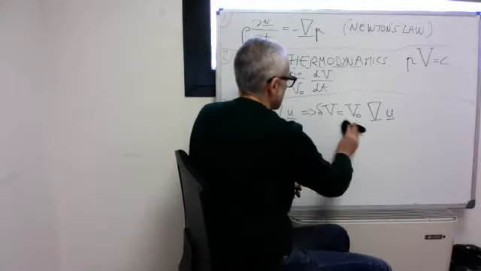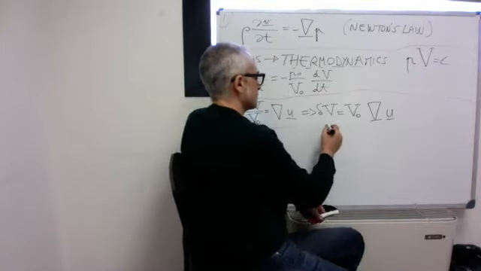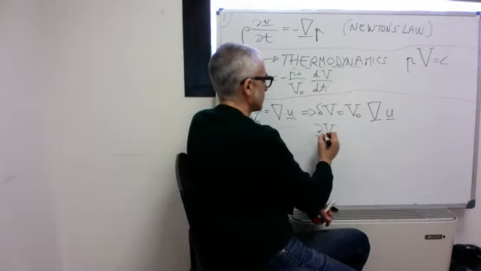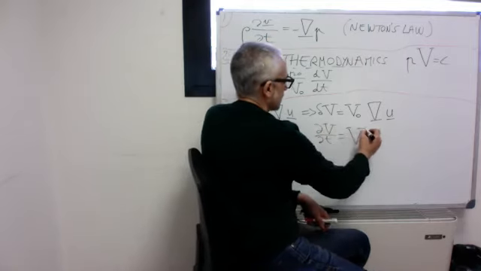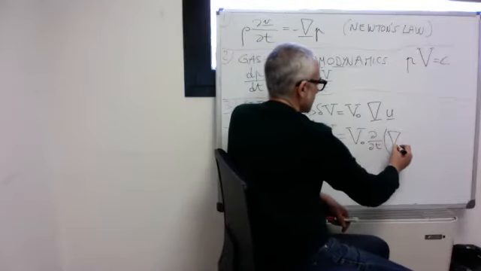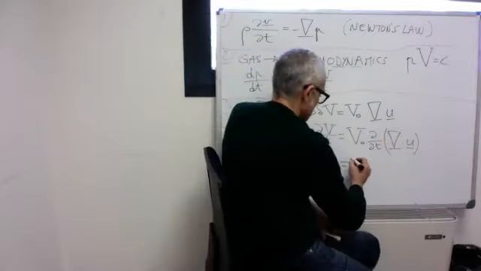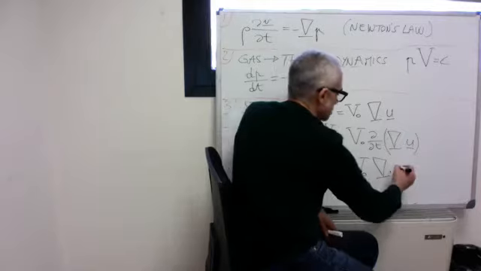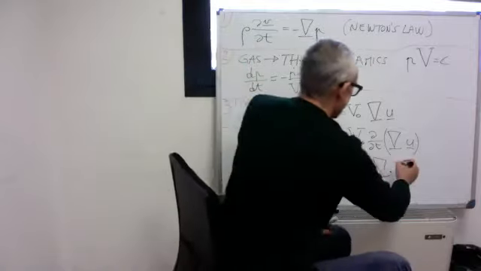If I divide this by the time interval that's needed to achieve this change in volume, and then I let this interval go to zero, I get the derivative. And here, if I do the same thing with the divergence of the displacement, I can change the order of differentiation. And so here, instead of the divergence of the displacement, I have the divergence of the time derivative of the displacement, which is the velocity.